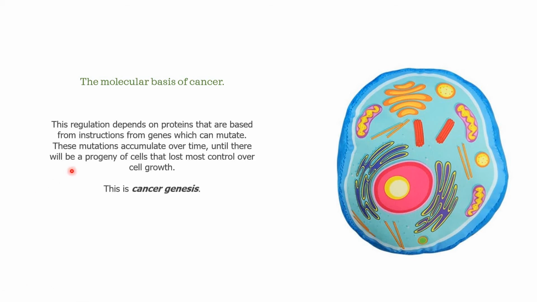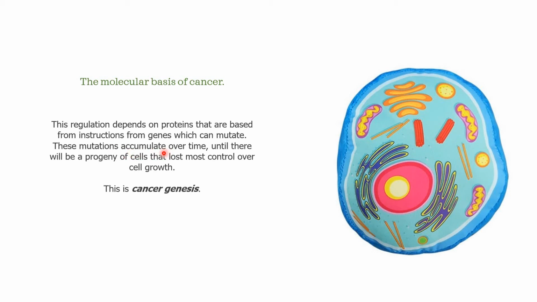Now, this regulation depends on proteins that are based from the instructions of genes which can mutate, as I said kanina. These mutations accumulate over time until there will be a progeny of cells that lost most control over cell growth. And that is what you would call as cancer genesis. So, yung mga mutations, pwedeng mag-ipon-ipon yan. As it was said here, accumulate.